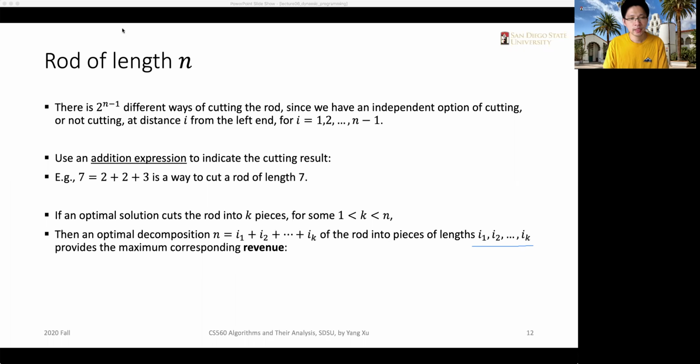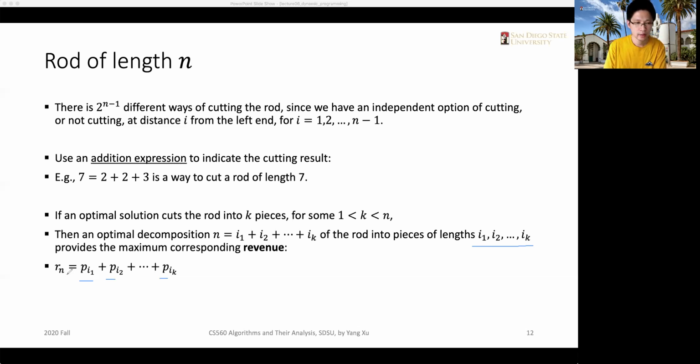So we can represent the revenue by using this p notation, because p is the table that contains the price for each possible length.